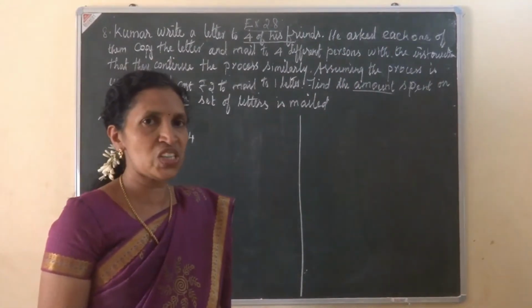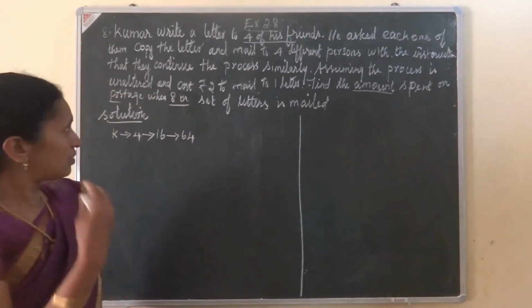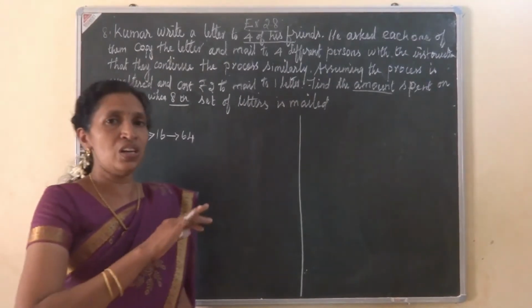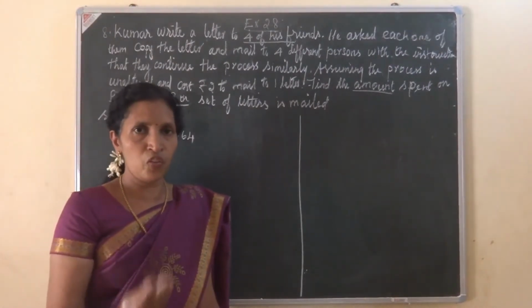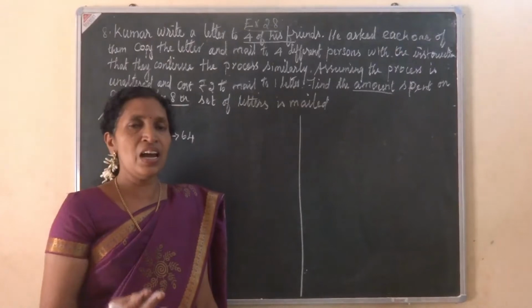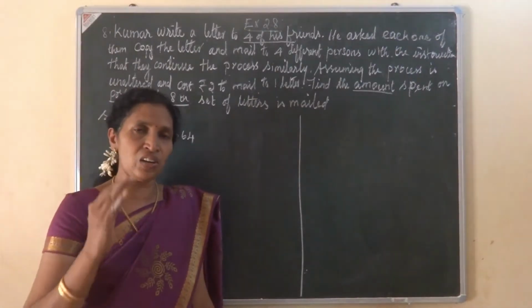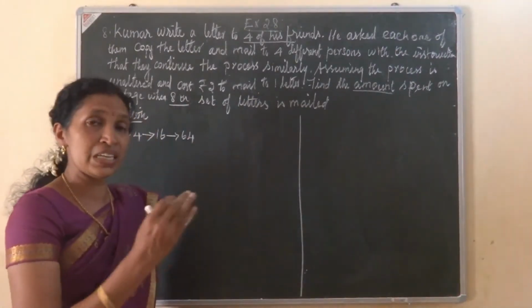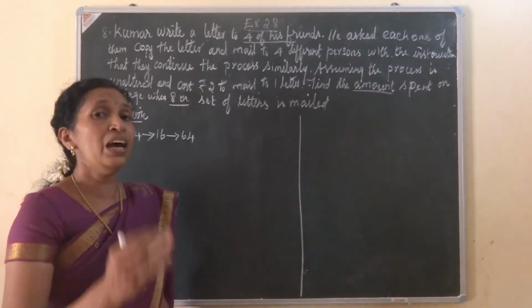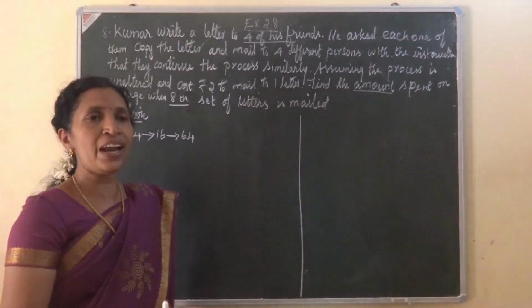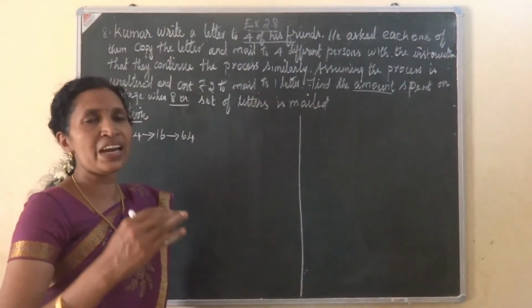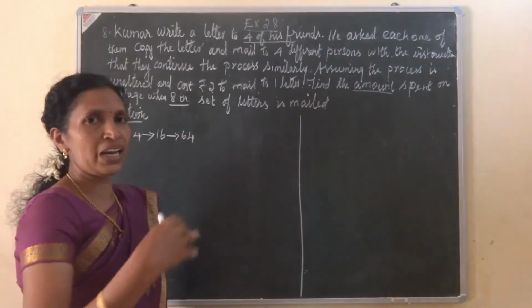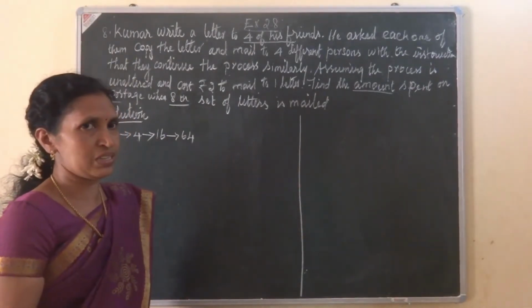Do you understand the question? Kumar writes a letter to 4 of his friends. Right? Next, what he said is, you have to copy these letters, each one of them copy this letter and give it to some other different 4 persons.